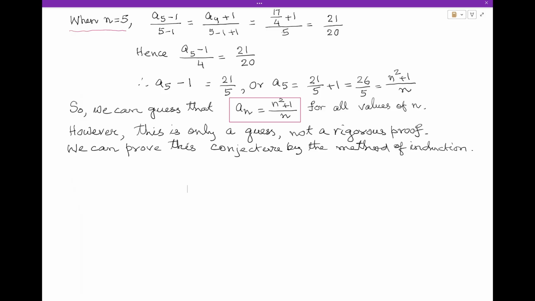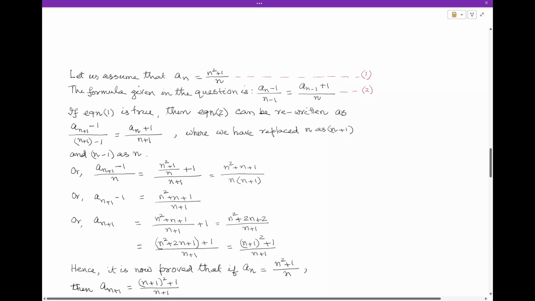It will become a proof only when we have proved it rigorously. Let us assume that an, that is a subscript n, is equal to (n squared plus 1) divided by n. Let us call it equation 1.